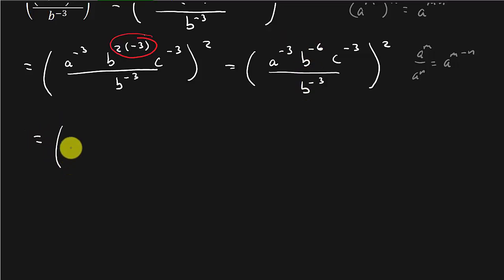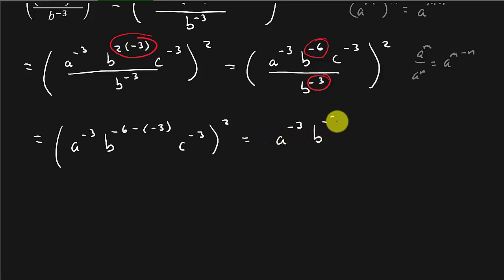So this is going to be a to the negative 3, b to the negative 6 minus negative 3, and then c to the negative 3, and then all of that squared. I just subtracted the exponents here, the negative 6 and the negative 3. So this gives us a to the negative 3, b to the negative 3, c to the negative 3, and then all of that squared. Negative 6 minus negative 3 is negative 3.